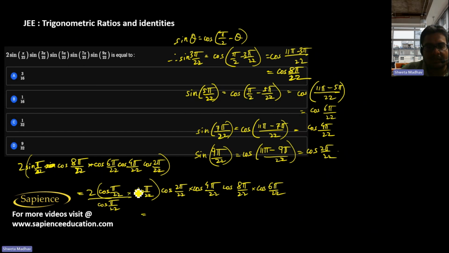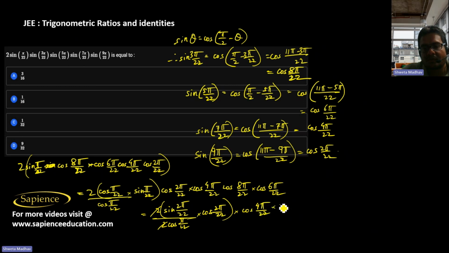Now sine theta cos theta is equal to sine 2 theta by 2, so this is sine 2 pi by 22 by 2 into cos pi by 22 into cos 2 pi by 22. So 2 and 2 will cancel, into cos 4 pi by 22 into cos 8 pi by 22 into cos 6 pi by 22.